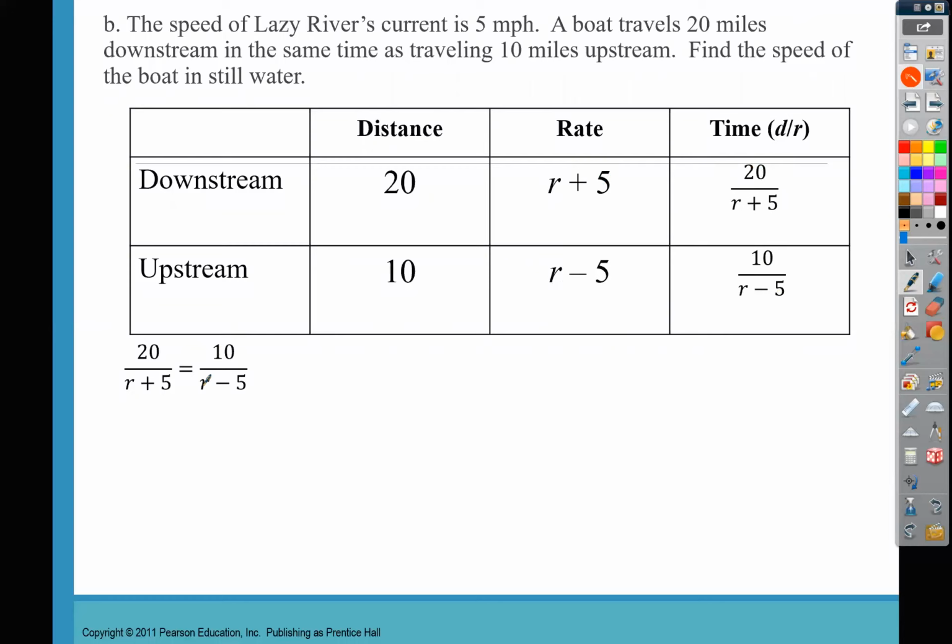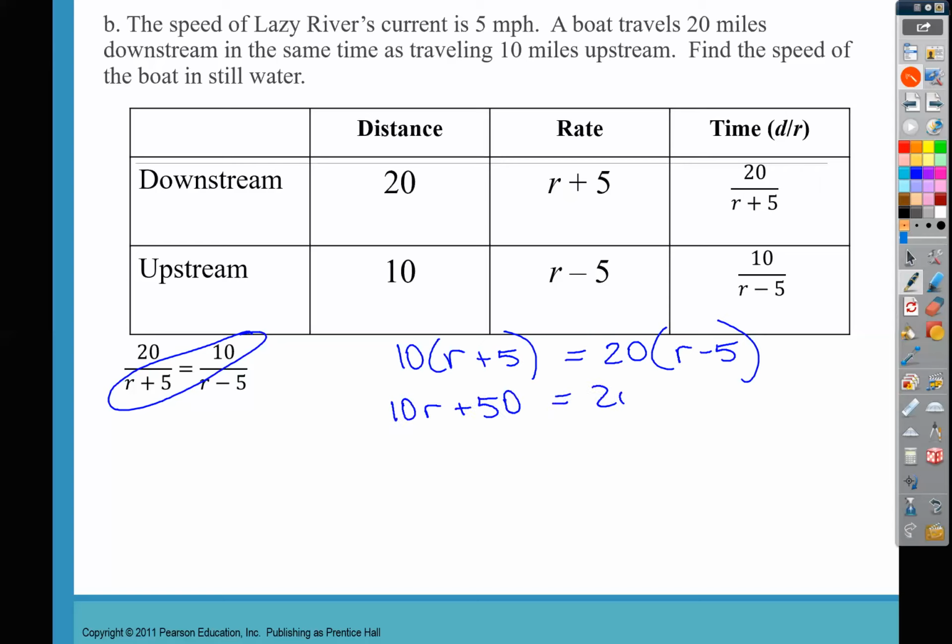Now you just cross multiply and you solve. So if I do that, I'm going to get 10 times r plus 5 will equal 20 times r minus 5. Now distribute, so you have 10r plus 50 equals 20r minus 100.